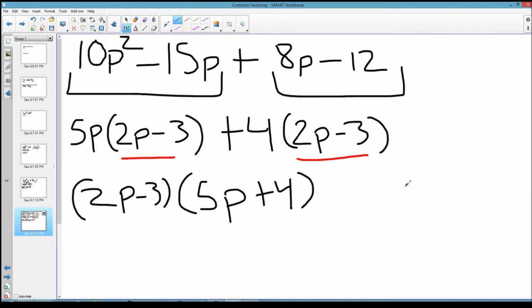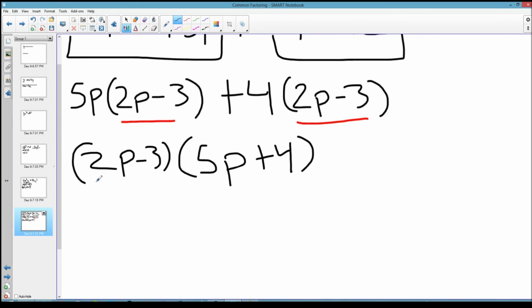And now when we expand, 2p times 5p gives us 10p squared. Then 2p times 4 would give us positive 8p. Negative 3 times 5p would give us negative 15p.